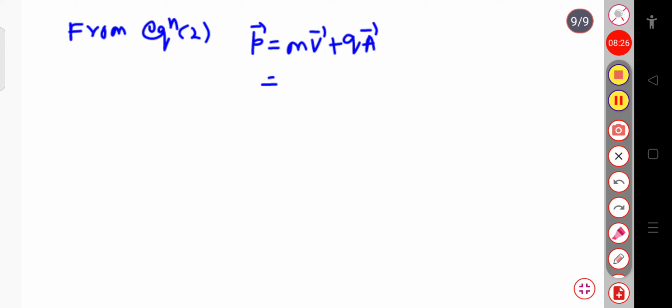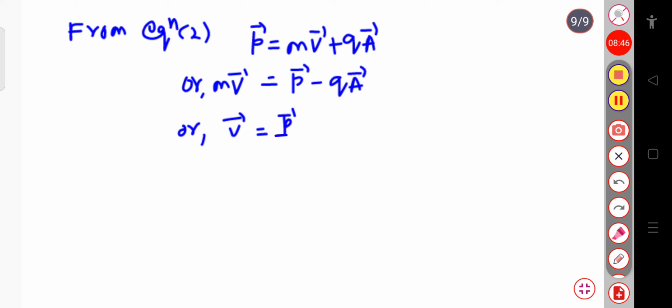Taking m v to the left hand side, this can also be written as m v equal to p minus q a, or v equal to p divided by m minus q divided by m into a.